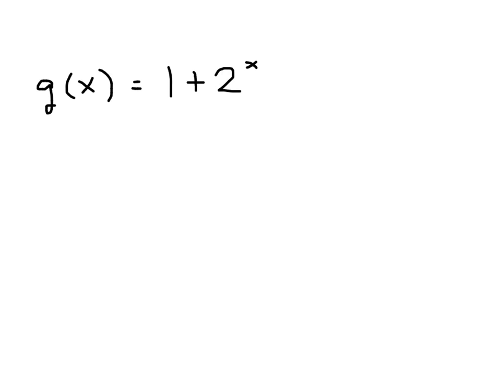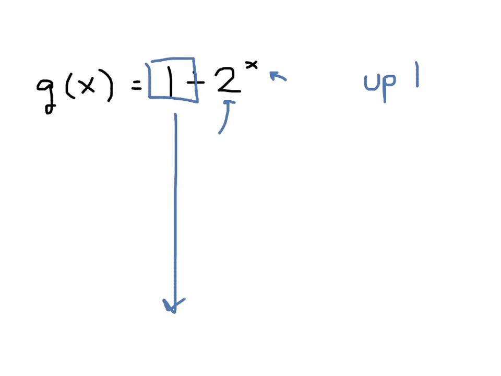Now, if I'm looking at that, the first thing I identify, I'm going to change the color back to blue, is the base, that's my exponent, and now I've got a plus 1 sitting over here. If you recall back from chapter 2, a plus 1 means I'm going to shift it up 1. So the whole thing is going to be up 1. I'm going to have the same type of curve that I had for 2 to the x.